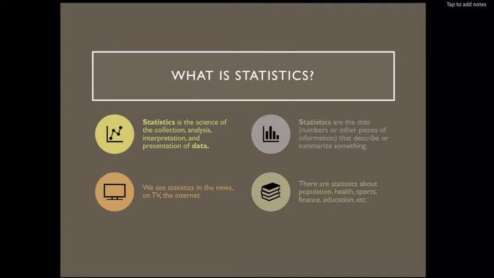And statistics are pretty prevalent in our lives, right? We see statistics in the news. We see them in the newspaper. We've been seeing a lot of them in reports of COVID-19 and how that's affecting people all over the world. And we collect statistics about a lot of stuff. So 2020 is a census year, right? The census is an example of collecting statistics about the entire population of the United States, right?